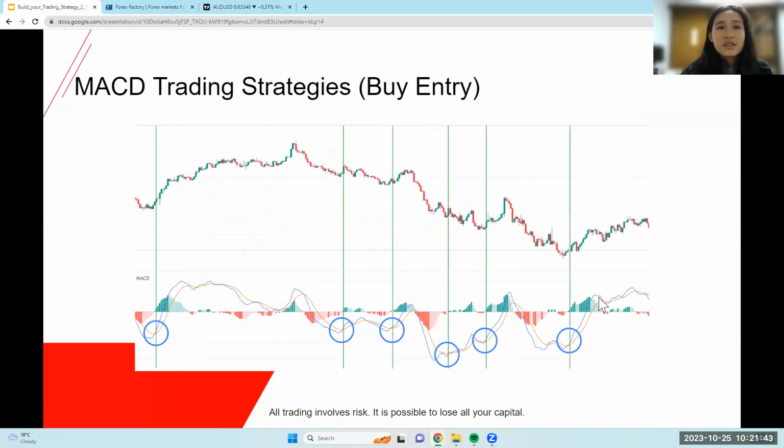Okay, and yeah, so this is one of the trading strategies. Over here we have a buy entry. We're showing you the different buy entries that you can identify from the MACD. You see the signal line crossing over, and you also see this MACD histogram being green.